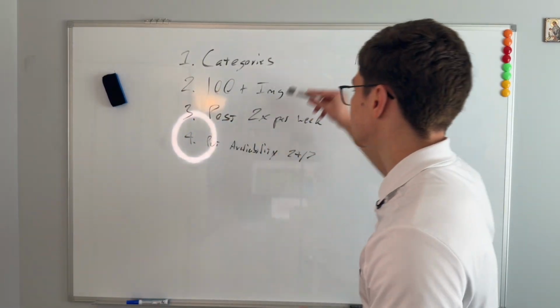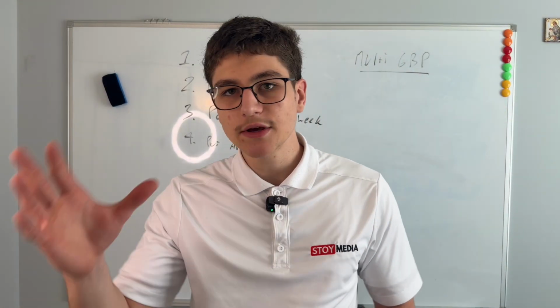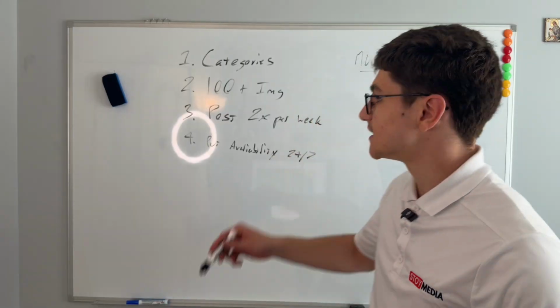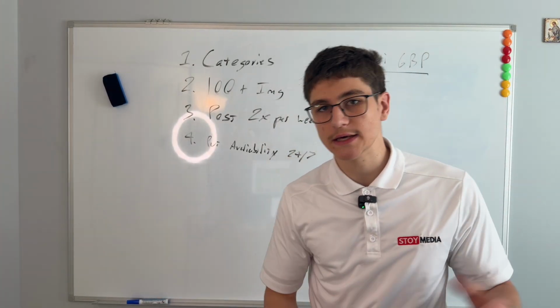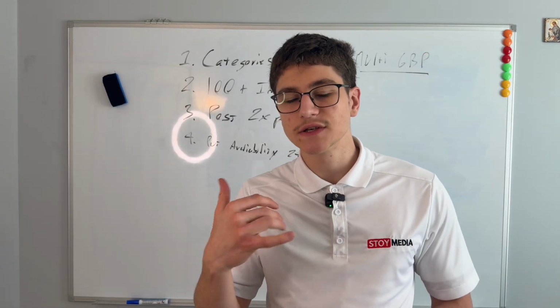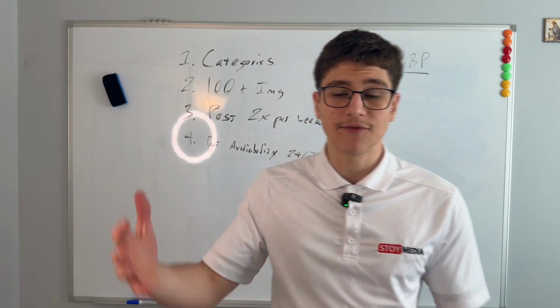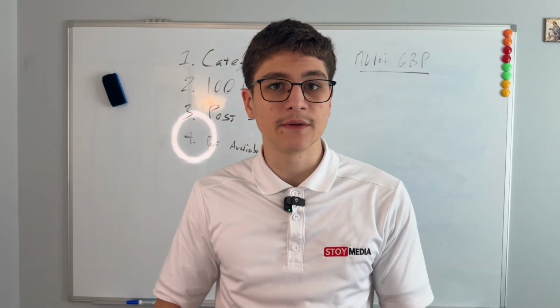So these are my tips to optimizing your Google business profile. Go in, fill out all the information, optimize your categories, consistently add photos, post twice a week, once a week even. Put your availability to 24/7 and get an answering service for when you're not available. If you can't afford that, open up your hours to all the times that you're able to pick up the phone.